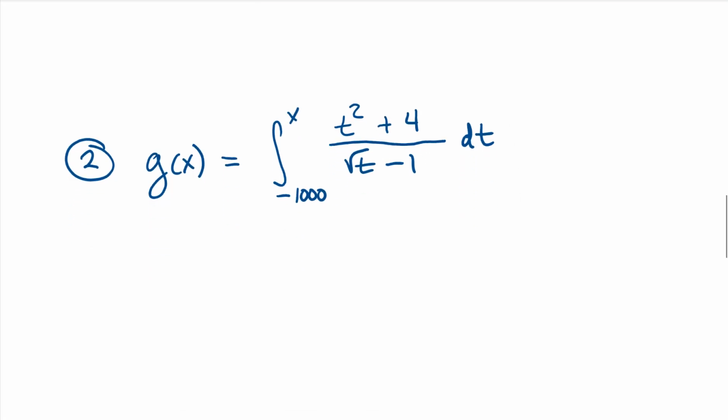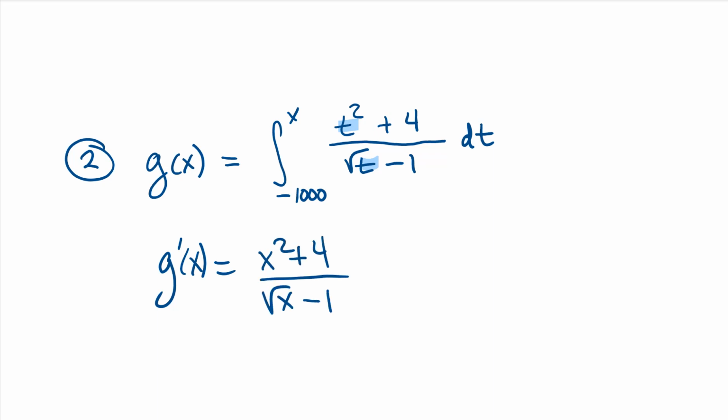This one is just for patterns. Let's just write the answer down. G prime of x is equal to, you're going to change your t's to x's because you have a number at the bottom of the integral, you have an x up at the top as your upper bound, and you're dealing with it in terms of x. That's in that form, which tells you the solution is x squared plus 4 over the square root of x minus 1.